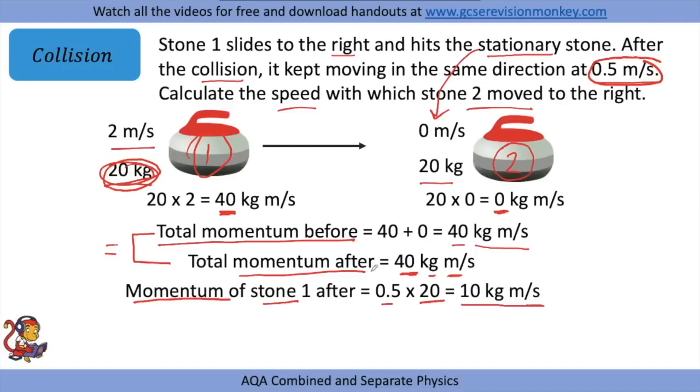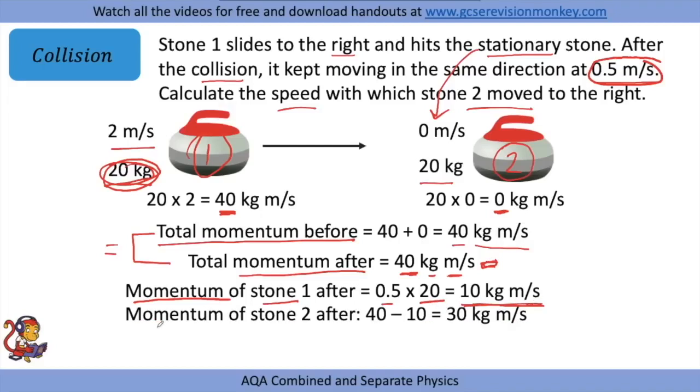So if we know the momentum afterwards should be equal to 40, we know that 10 kilogram meters per second of that is taken up by stone 1. So we know that the momentum of stone 2 must be 30 kilogram meters per second, because 40 minus 10 is equal to 30 kilogram meters per second.